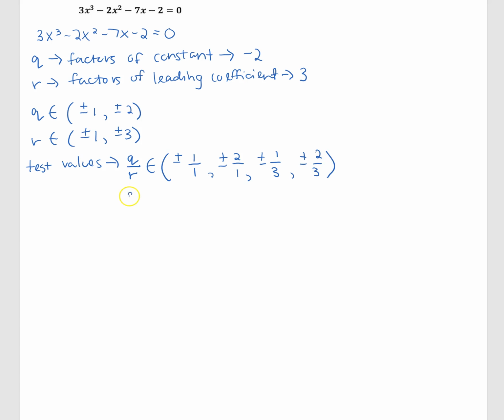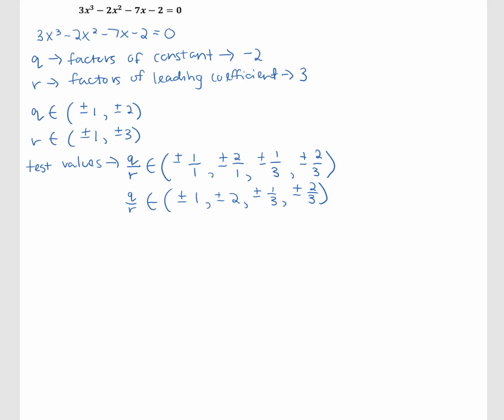Okay, and we can simplify these values down a little bit. So this is going to be plus or minus 1, plus or minus 2, plus or minus 1/3, plus or minus 2/3. Okay, so if we remember, these test values are the ones we want to plug in for x in our function p of x to find out when that equals 0, because that's going to tell us what is a factor of our equation.